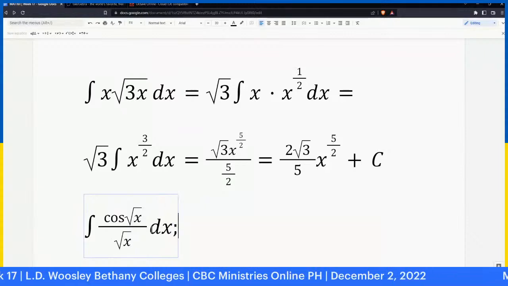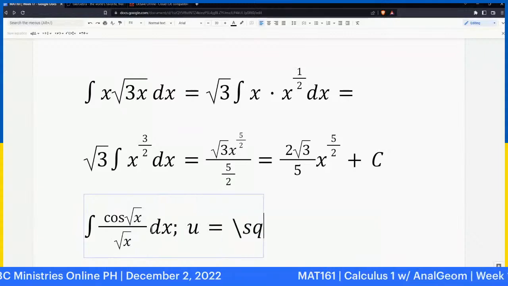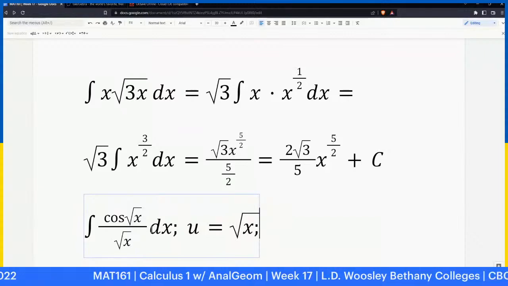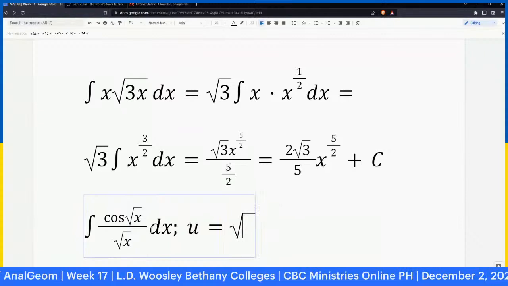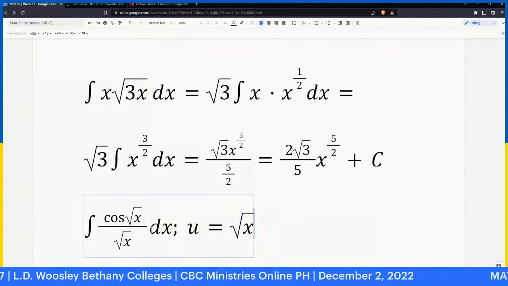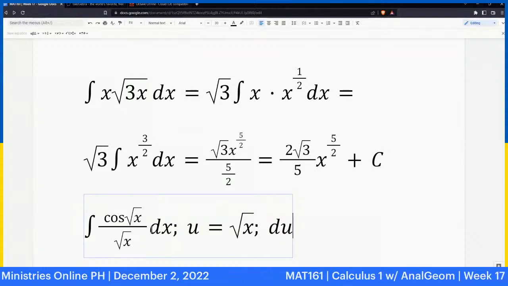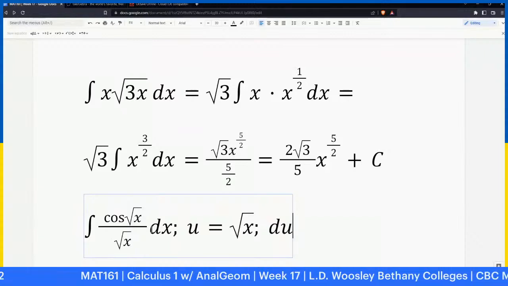When you apply u is equal to square root of x, what is du? What's the derivative of square root of x, guys?